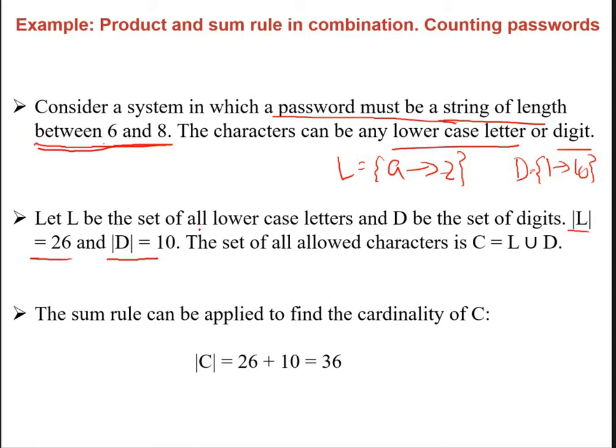So from the sum rule, you have 36 possibilities, which is just the sum of the cardinalities of the two sets. And one more thing: when we say the length should be between 6 and 8, it means it can be either 6, or 7, or 8. So there is an or in between, and let's see what that means.